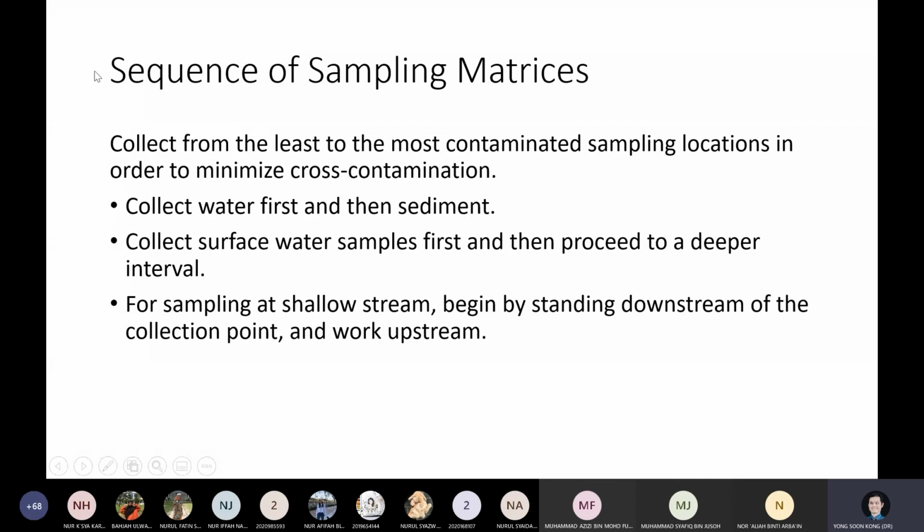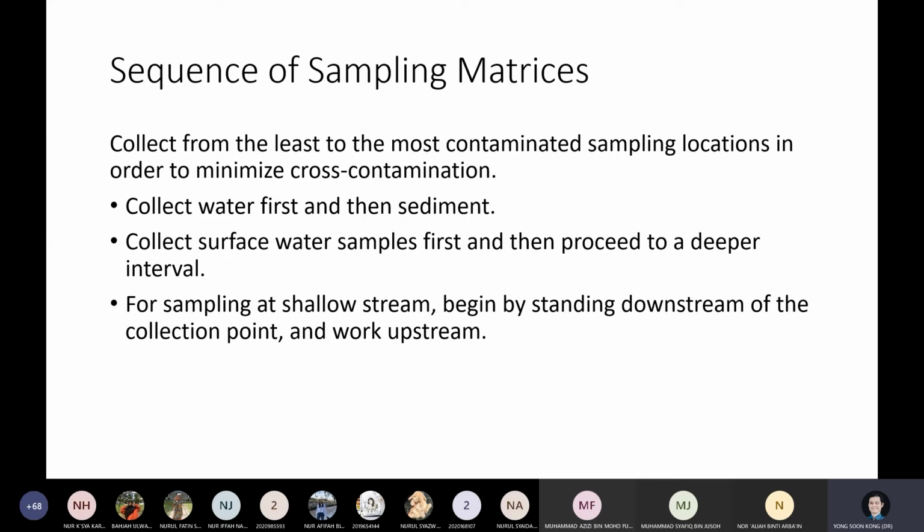According to this, you should start sampling from the least contaminated sampling location to the most contaminated. The strategy is very straightforward and obvious, because if you start from the most contaminated, then everything will be contaminated, so you only get one sample. Good. So the strategy is, first of all, you collect the water.